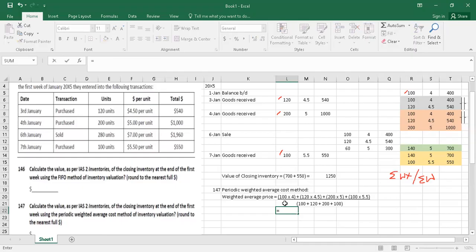Please do that. Do it on your calculator. So it is 4.788.